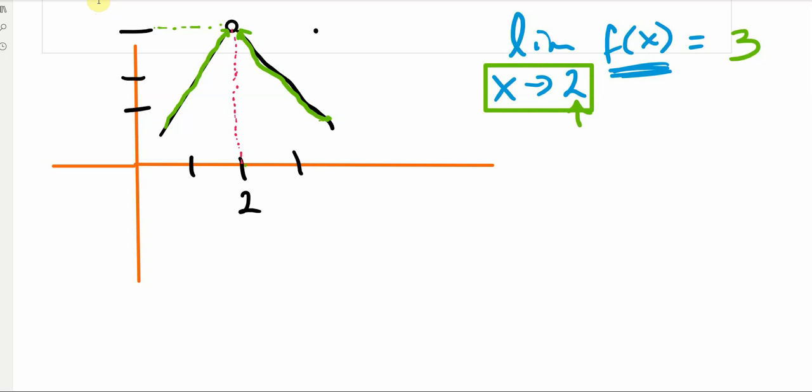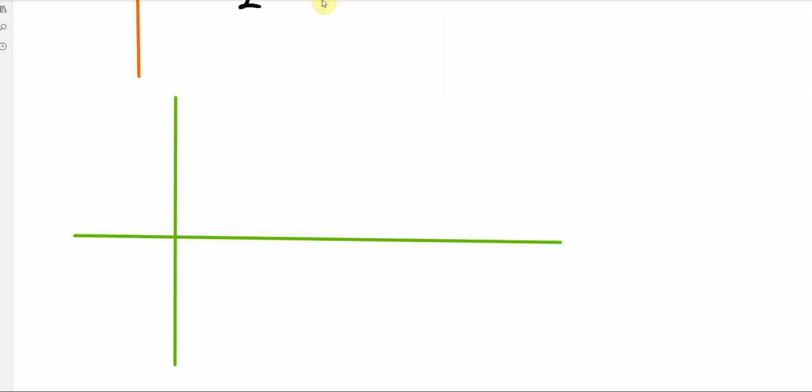Okay, so let me try now. Let me undo, that's a horrible line. Okay, so let me do another one, and let's pretend I want to do some function over here, and I'm going to do this function here.